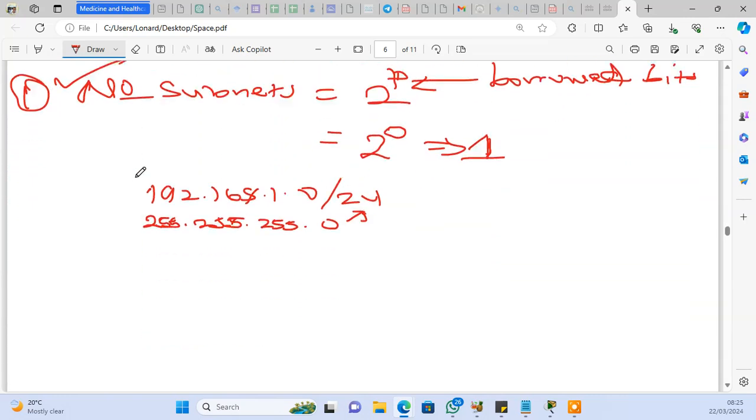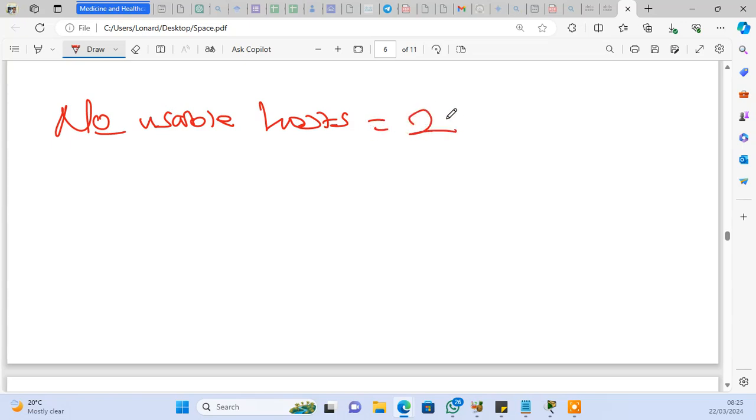Then we have the second one. Number of usable hosts is equal to 2 power x minus 2, where x is the host bits.